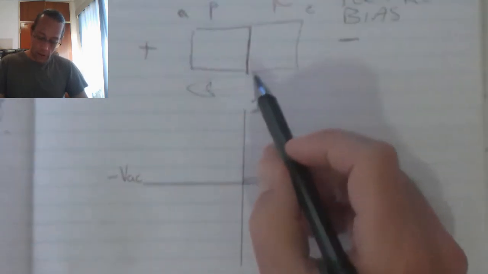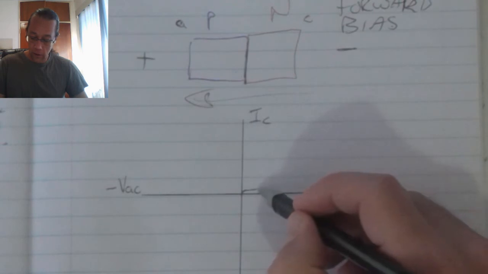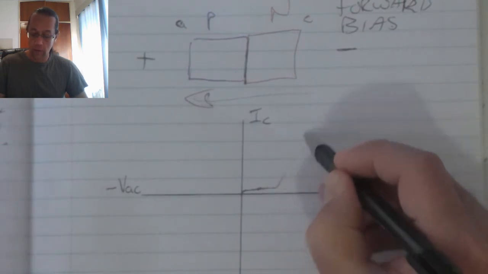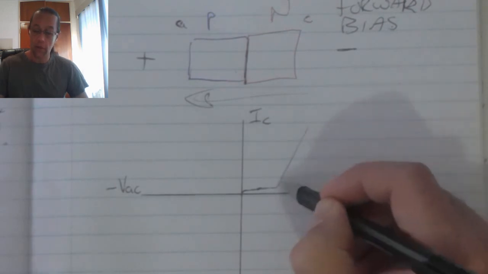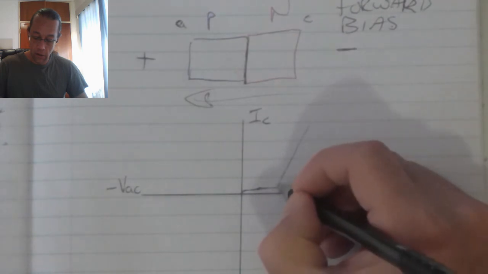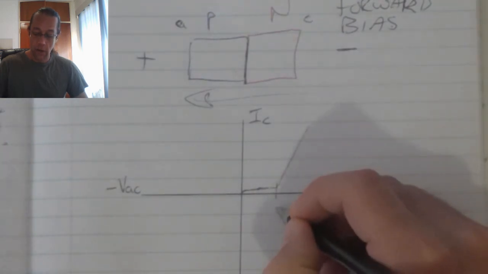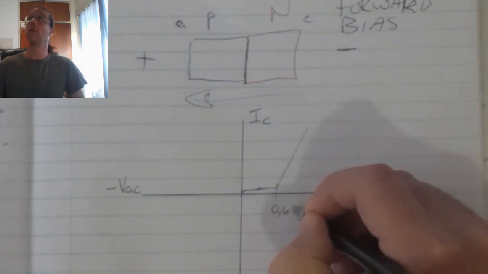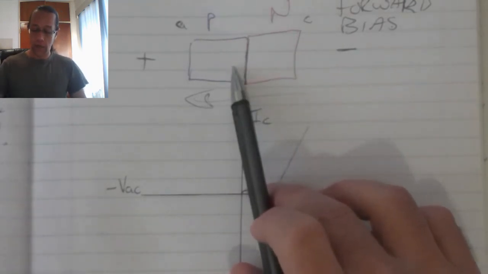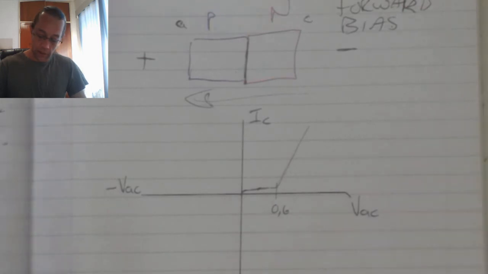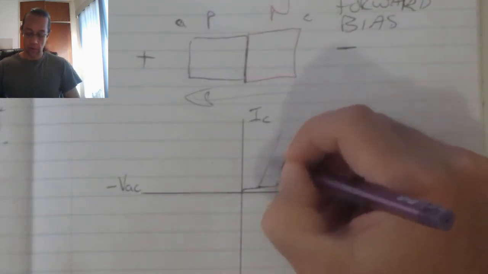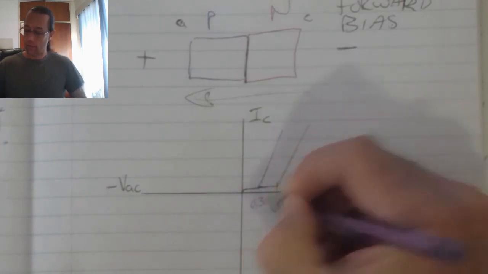Once that depletion region falls away, we find that current will freely start to flow, dependent on the size of the voltage. Now, typically for a simple PN junction, that happens at 0.6 volts if these base materials are made of silicon. If we're using germanium, we find that conduction takes place typically around 0.3 volts.